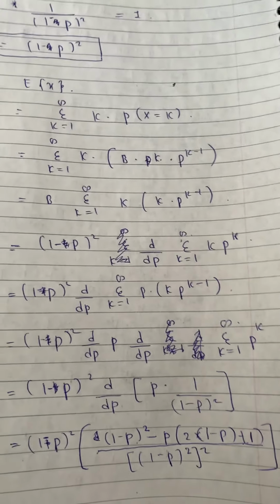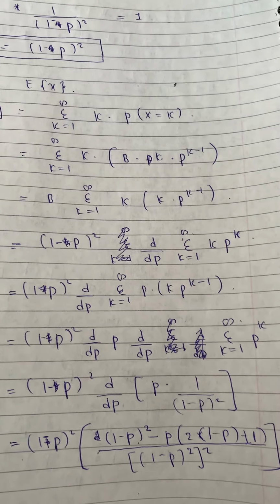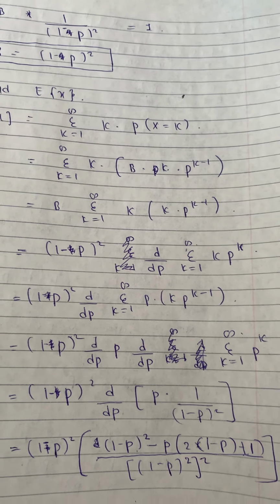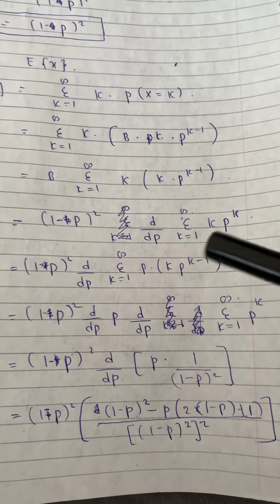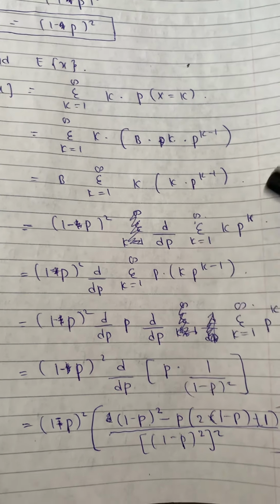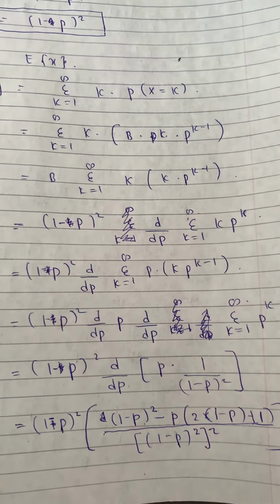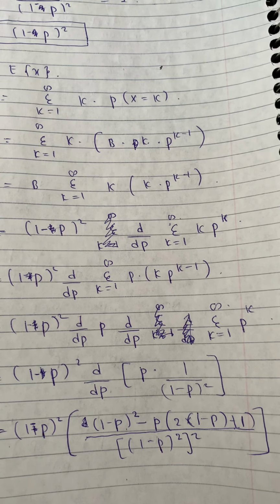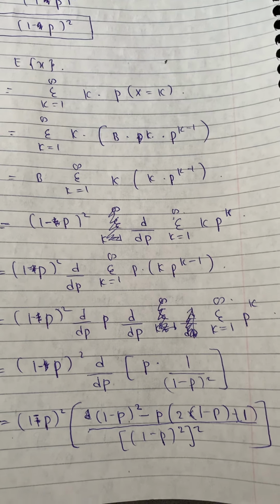So we substitute it again. This is getting a little bit messy because the calculations are a little complicated, but nevertheless it is accurate. And then we have 1 minus p whole square into the derivative of p into 1 upon 1 minus p whole square with respect to p.